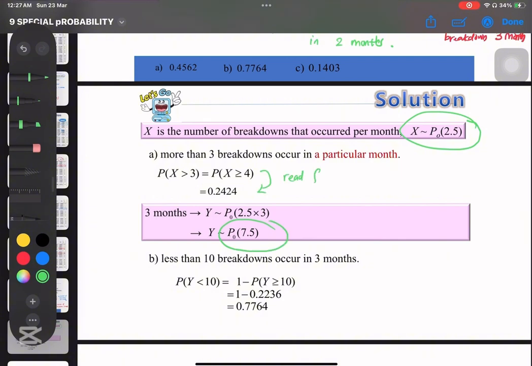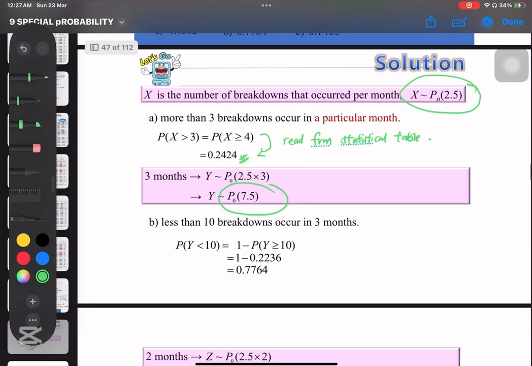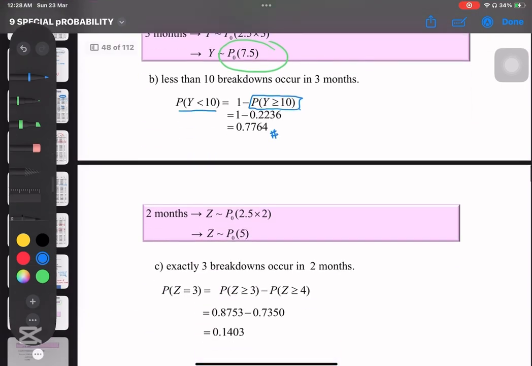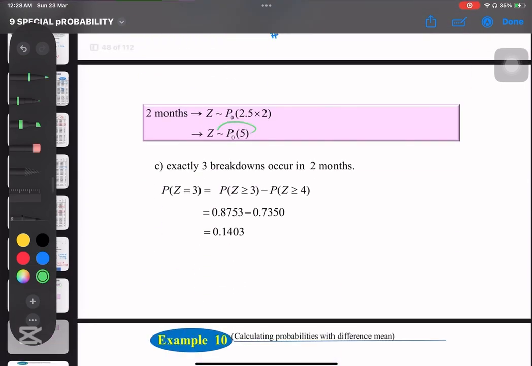And then we are going to solve it just from the statistical table, but we need to make sure that it is greater or equal to. And then for question B, we need to multiply it by 3 because it asks for 3 months. And then for question C, we need to multiply it by 2 because the question asks for 2 months. And then we are going to read it just from the statistical table.